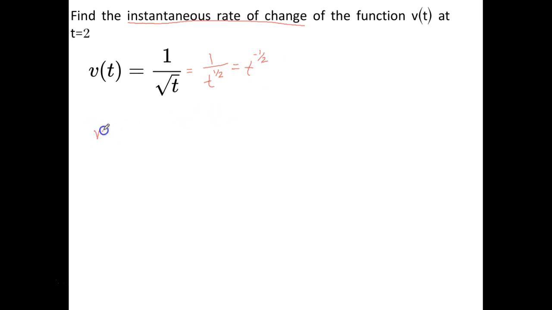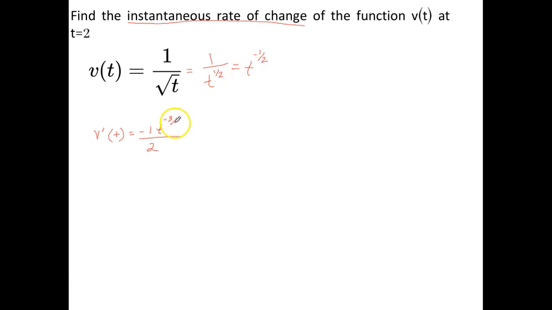Now I can take the derivative of v. Bring the thing to the front. Negative 1 over 2. Okay, t to the, I subtract 1. Now remember that if you're using my little shortcut, negative 1 minus 2 is negative 3.